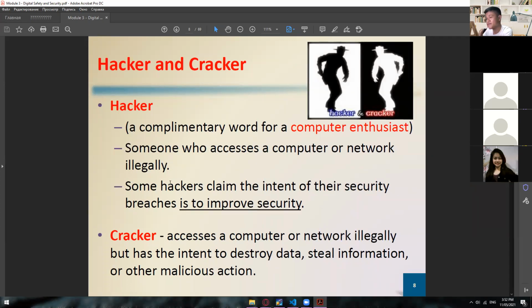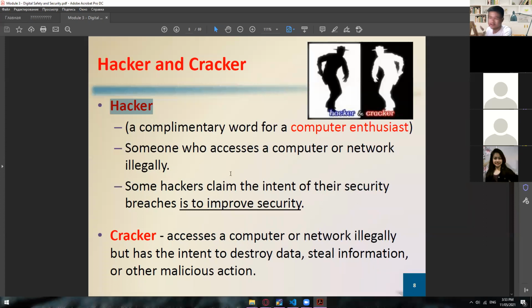But if someone has the intention to destroy data, steal information, or other malicious action, then we now call that someone a cracker or a black hat hacker. So we could say that a hacker is a gray hat hacker. So he is in between a black hat hacker and a white hat hacker.